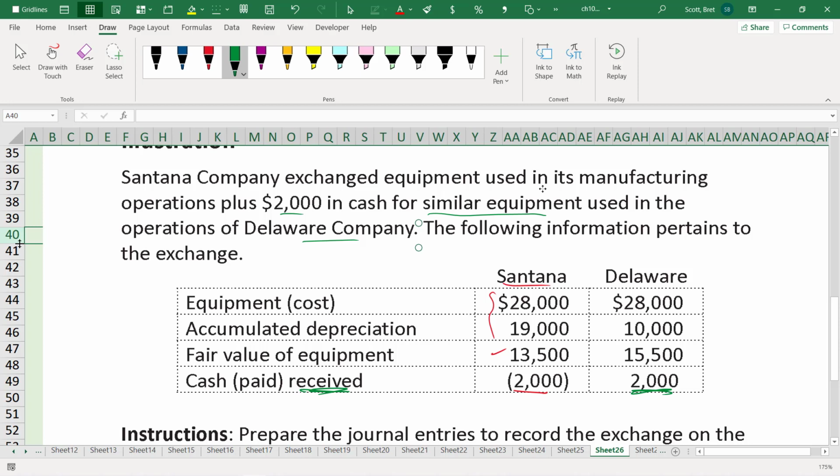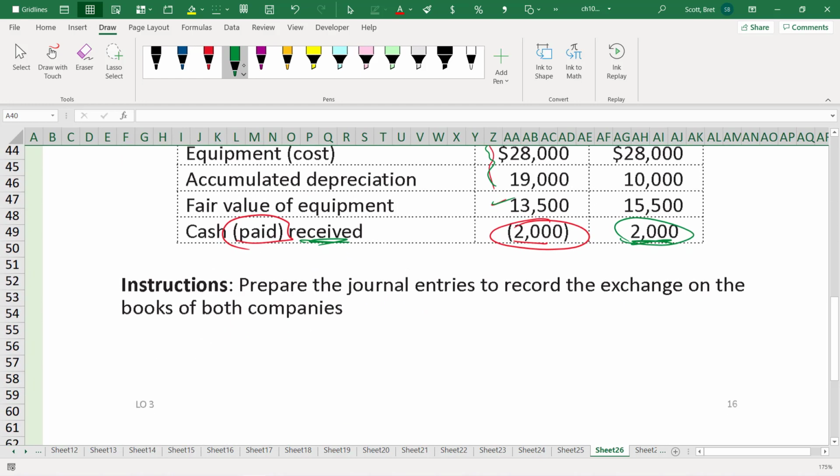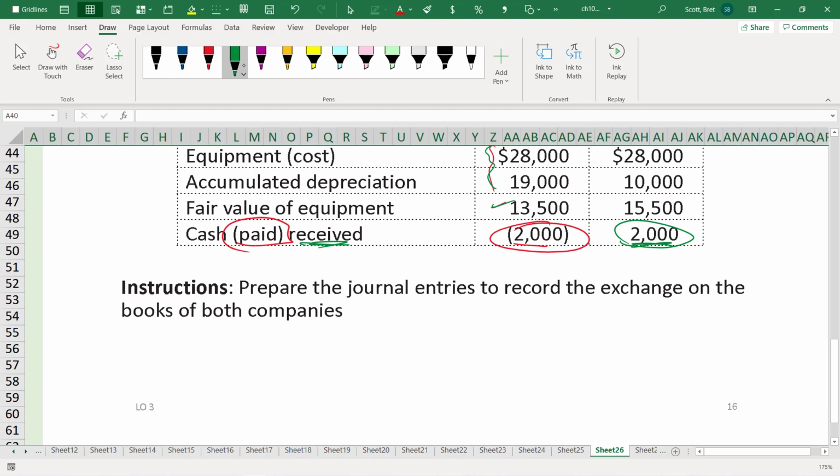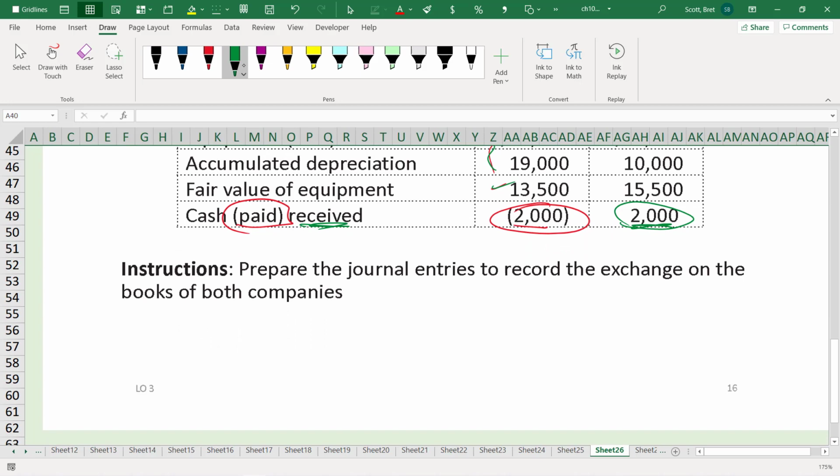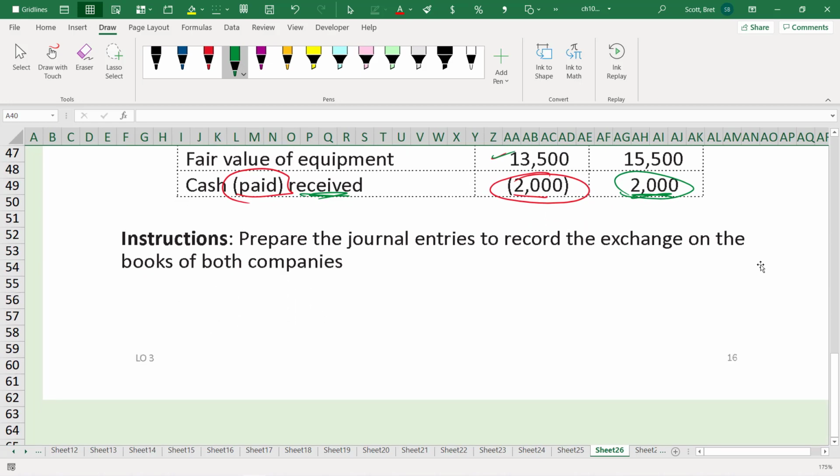Equipment on Santana. We'll look at Santana first. There's their cost basis, there is Santana's accumulated depreciation, the fair value, and here is the cash, in this case, the cash paid versus the cash received. So let's take a look at this down below. It's going to ask, prepare journal entries to record the exchange of both companies. We're going to look at both perspectives.